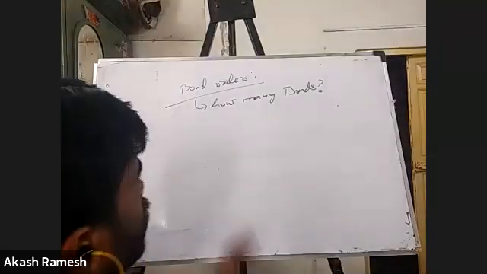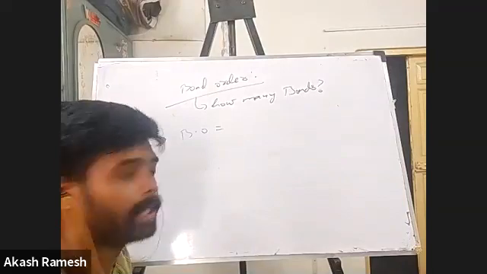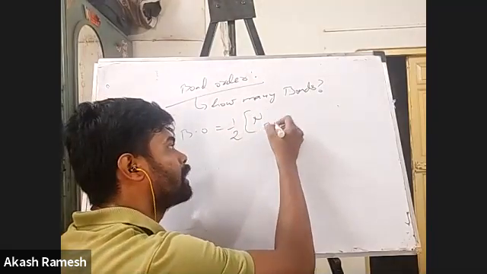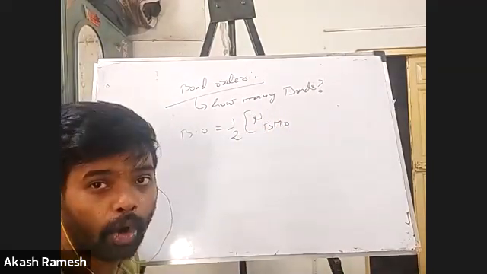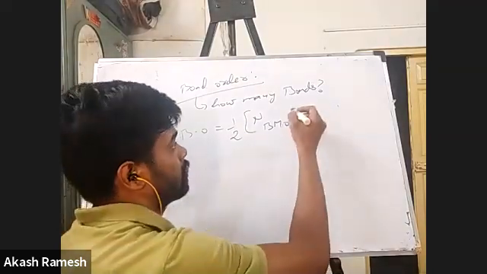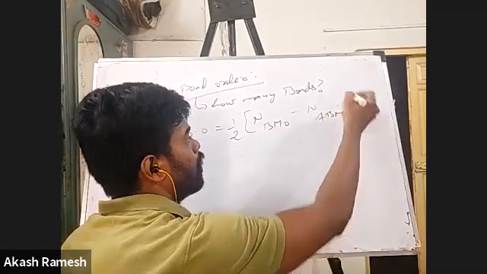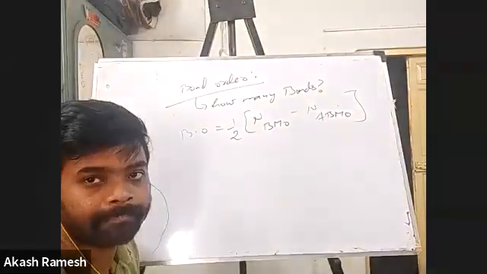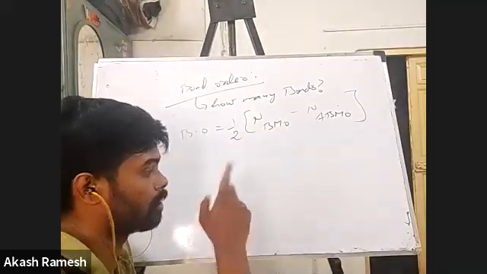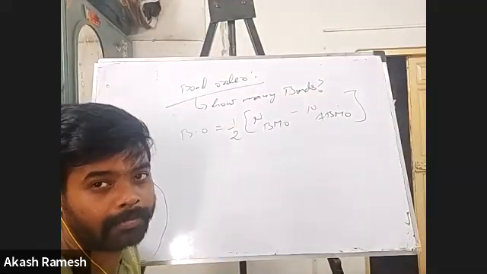Okay, fine, cool. So bond order, BO, is equal to, it's a very simple formula, half into the number of electrons in bonding molecular orbital, BMO, minus the number of electrons in anti-bonding molecular orbital.